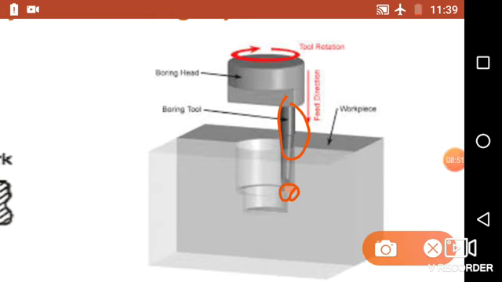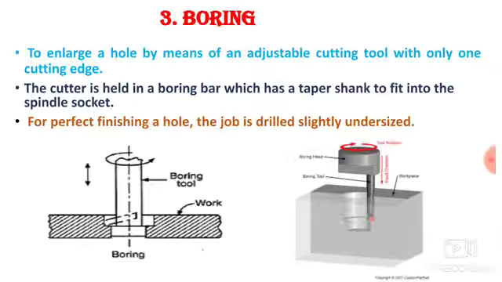This single point cutting tool removes the material from the periphery of the hole, and hence we can enlarge a previously drilled hole. For perfect finishing of a hole, the job is drilled slightly undersize. So first the job is drilled undersize, and then the material is removed with the boring operation so as to get a perfect hole.